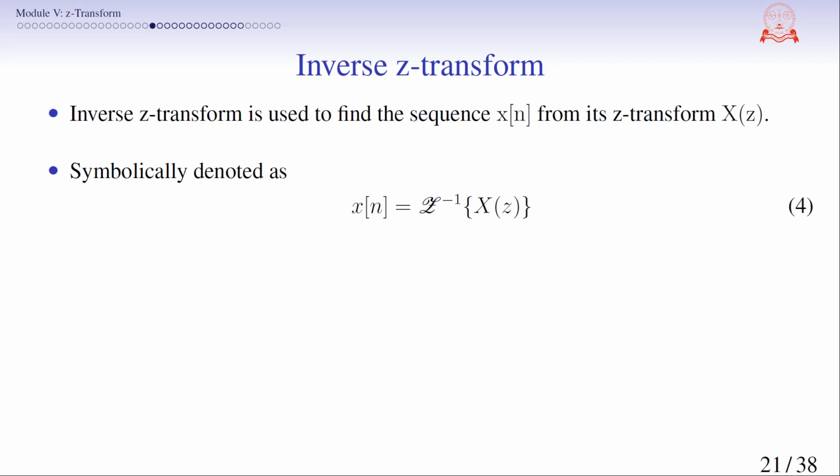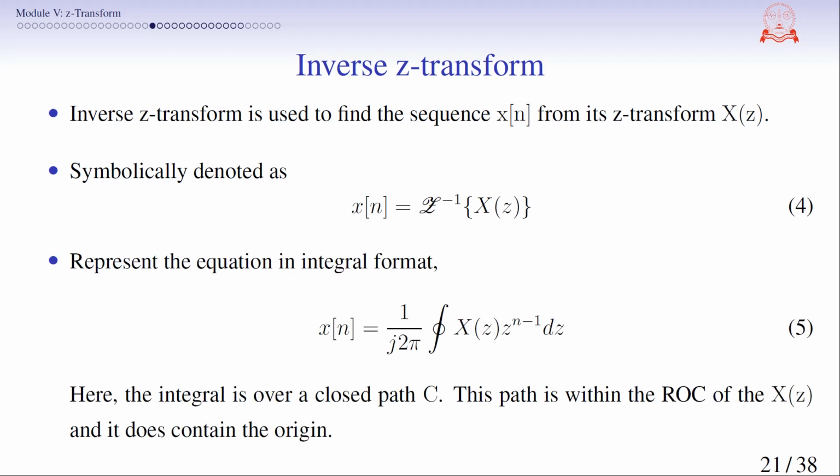When we compute the z transform of a discrete time sequence, the output, that is the z transform, will be a continuous domain. That is, x of z is a continuous function of z.